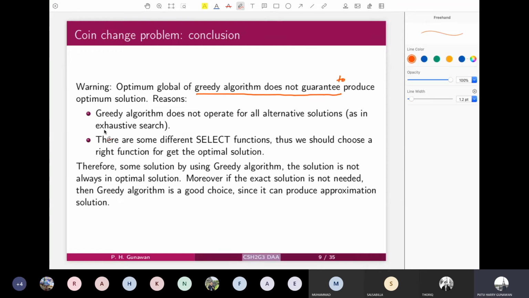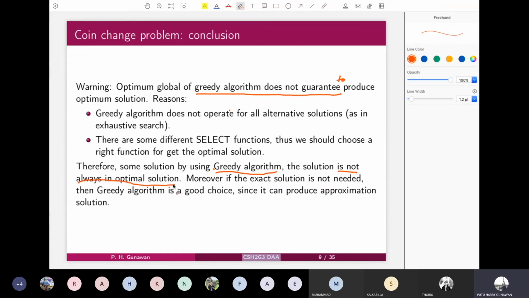There are different select functions that could be chosen. Therefore the greedy algorithm is not always optimal.